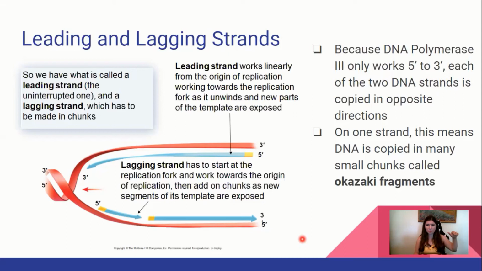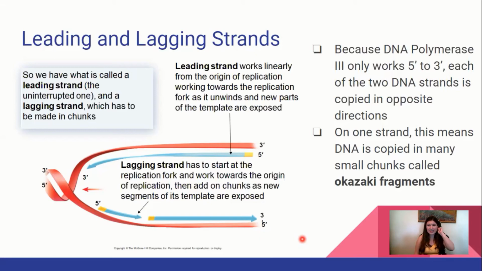So one strand goes towards our replication fork, so towards that corner, in the same direction as helicase: that is our leading strand. But on the strand where we're working away from helicase, so away from the corner, away from the side that's opening up, we have our lagging strand, and it has to make the new DNA in chunks.